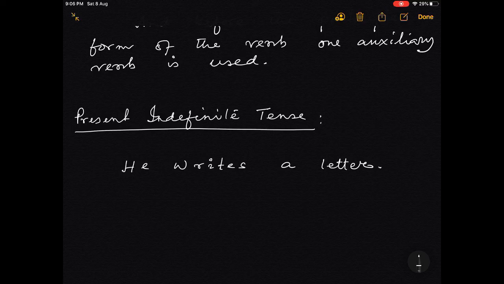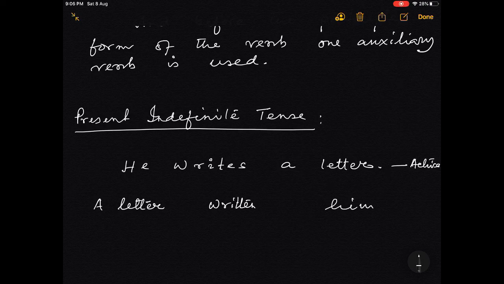So a letter will be here, it is active. Here it will be a letter written, always the past participle, and it is him.